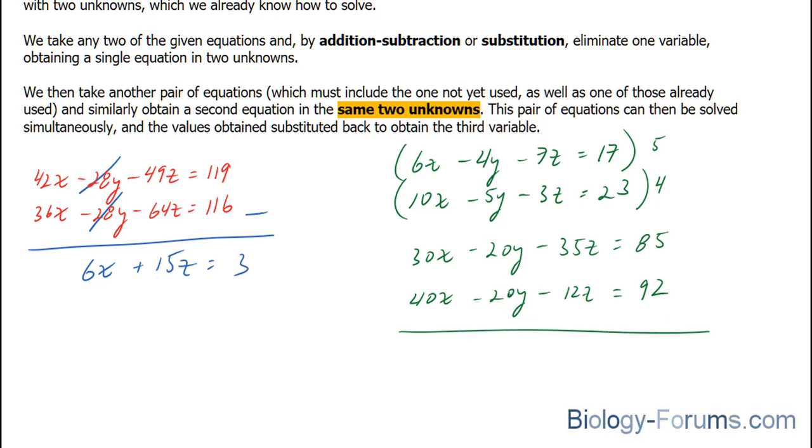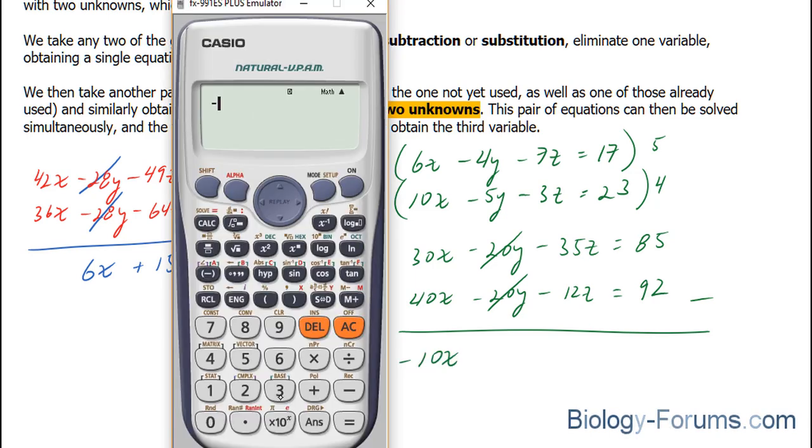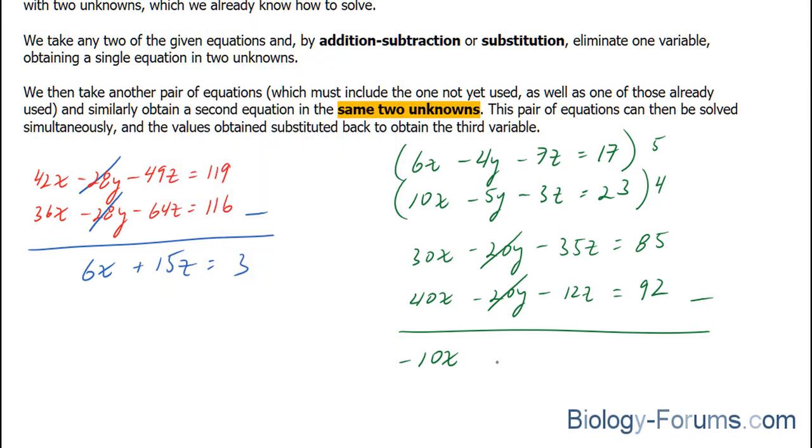How do we get rid of these y's? Well, we're going to need to subtract the two equations, and we end up with negative 10x. These two are eliminated successfully. Negative 35 minus negative 12 is equal to negative 23z, and these two subtracted is equal to negative 7.